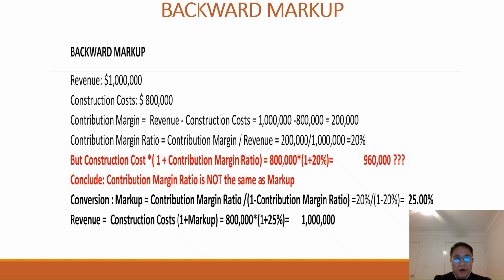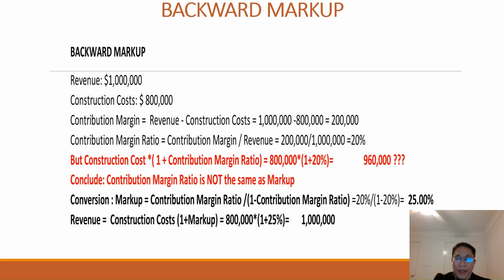It's not 1 million if we use the contribution margin ratio to calculate the revenue. So we conclude that the contribution margin ratio is not the same as markup.